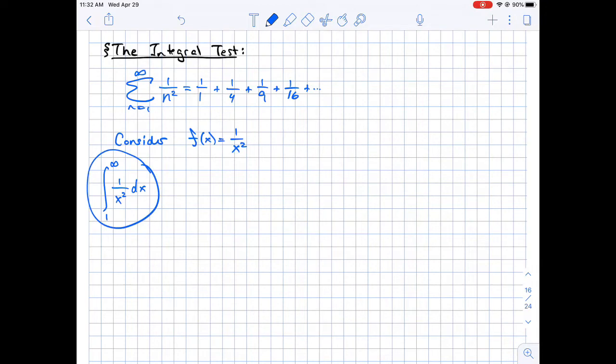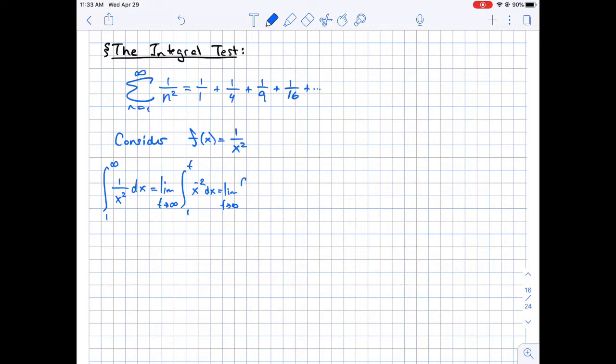This is an improper integral, and it's actually one that we've seen before. This improper integral is going to be the limit as t approaches infinity. Let's do this one quickly. So this is x to the minus 2 dx, and we can do our antiderivative.